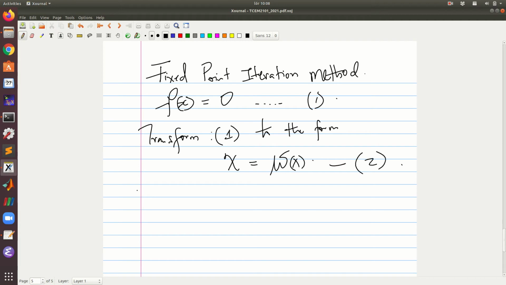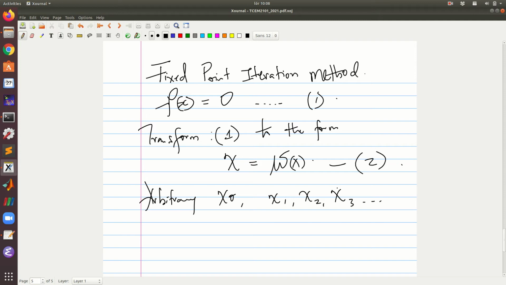After that we take an arbitrary x naught and then compute a sequence x1, x2, x3, and so on up to perhaps xn, wherever you're going to stop in accordance to your termination criteria.